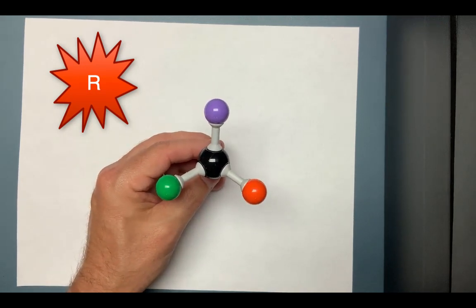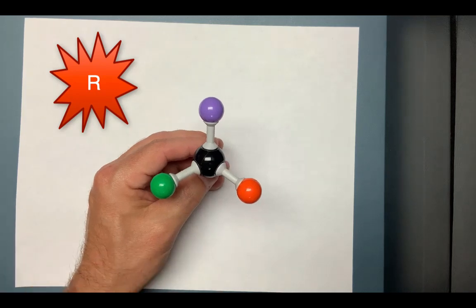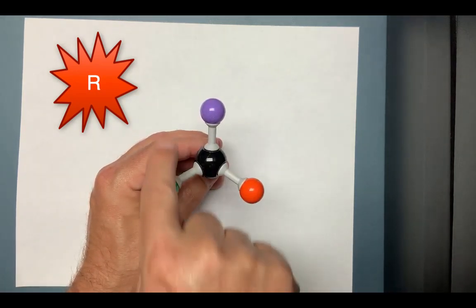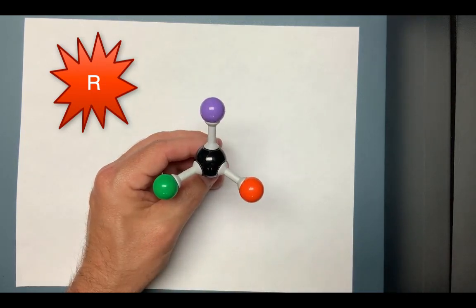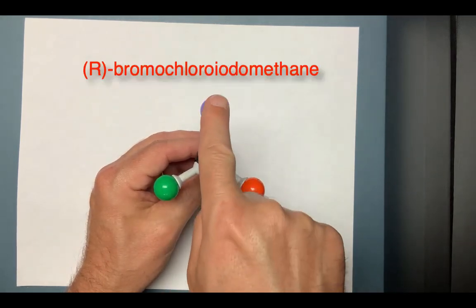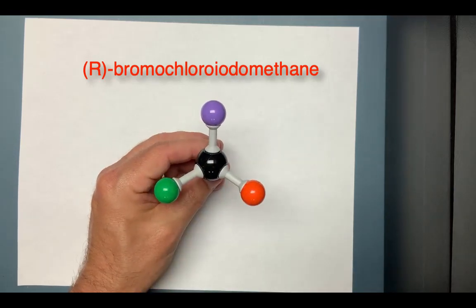So just like we had E and Z for alkenes, I'm going to have R, and the other option is going to be S for the other enantiomer. So this is the R version of whatever we would ultimately name this molecule. I guess we would name it something like bromochloroiodomethane. All right, so this is the R enantiomer of that.